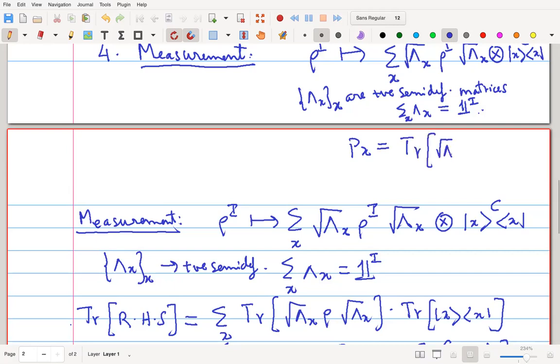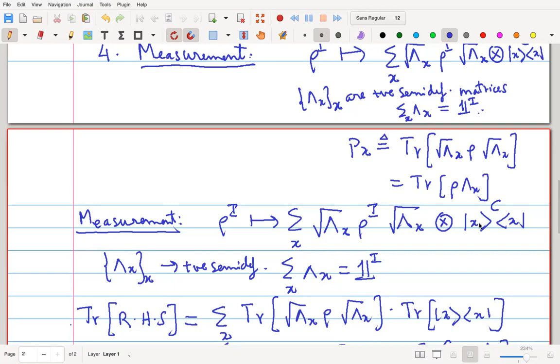The summation of all these traces is 1, as we just checked. So I can interpret the contribution of the xth block to the trace as the probability of observing the outcome x. And by cyclicity, this is nothing but the trace of rho lambda x. So this is the definition of the probability of observing the xth outcome.